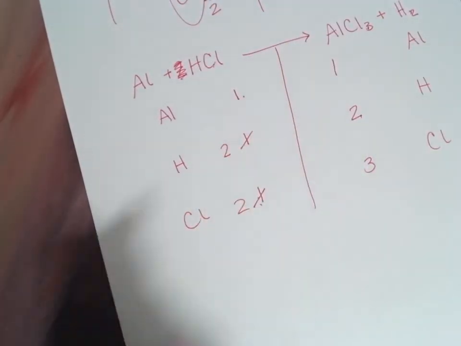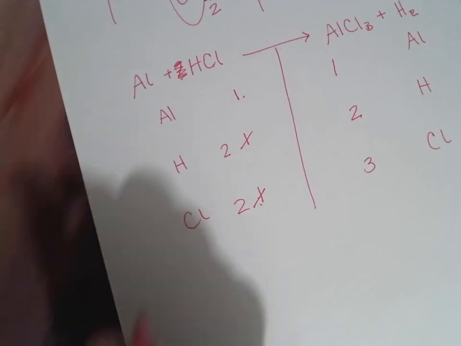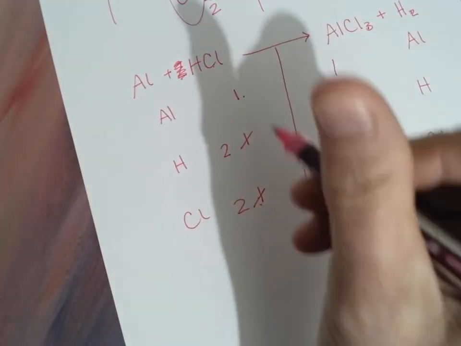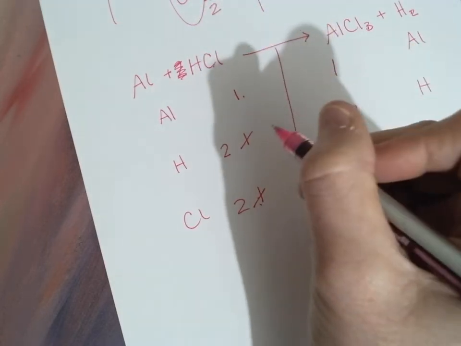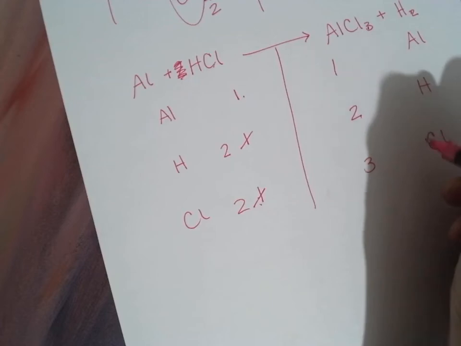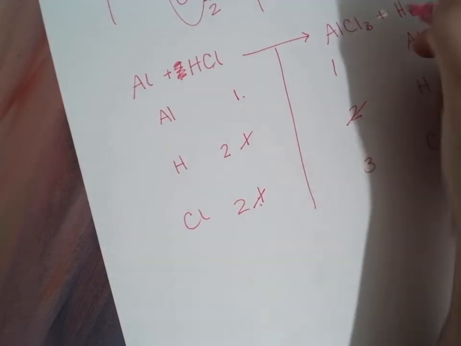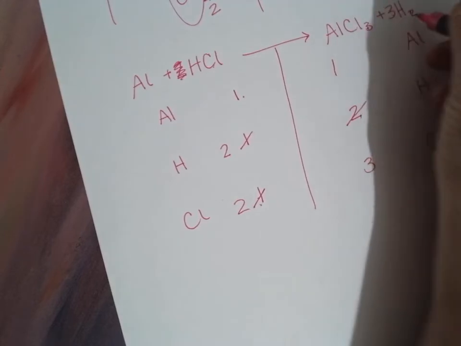I'm going to put a 2. I'm going to make this 6 here for the hydrogen. So I'm going to multiply this by 3. So I'm going to put a 3 here. So 3 times 2 is 6.